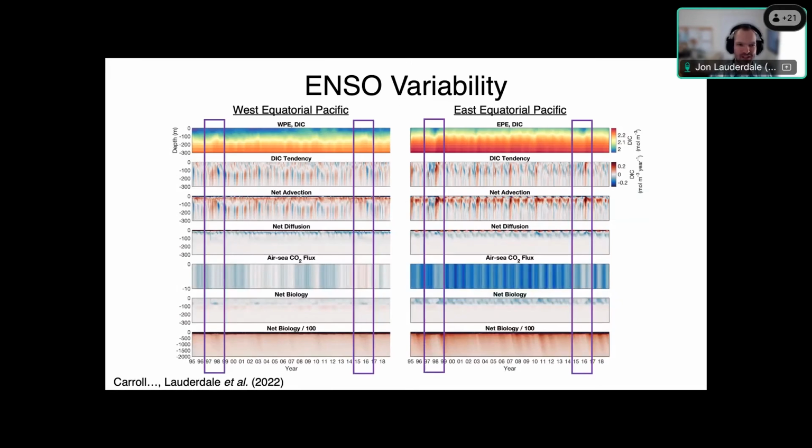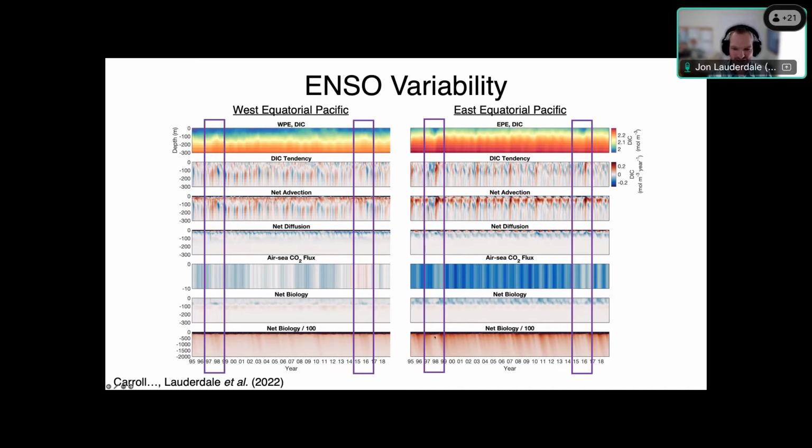You can then split the global average or the Pacific average that I showed into the Western Equatorial and the Eastern Equatorial Pacific, and then you get these opposing effects, which are really interesting. So in the Eastern Equatorial, it's pretty much the same as the average, where you get a decrease in the air-sea exchange, a decrease in upwelling of DIC, and you can see that in the '97 and the 2016 events.